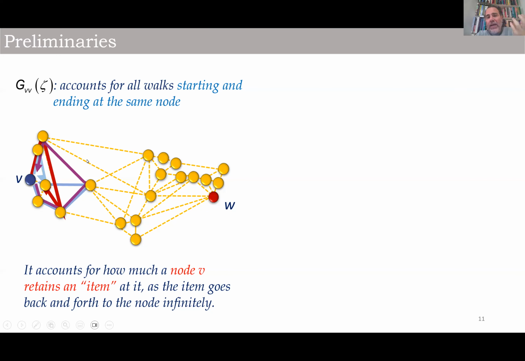So we can think that this is how much information is retained by a particular node. If I send a letter, and the letter always returns to me and is not delivered to the destination, let's say the node W, then the information is highly trapped in this particular node.